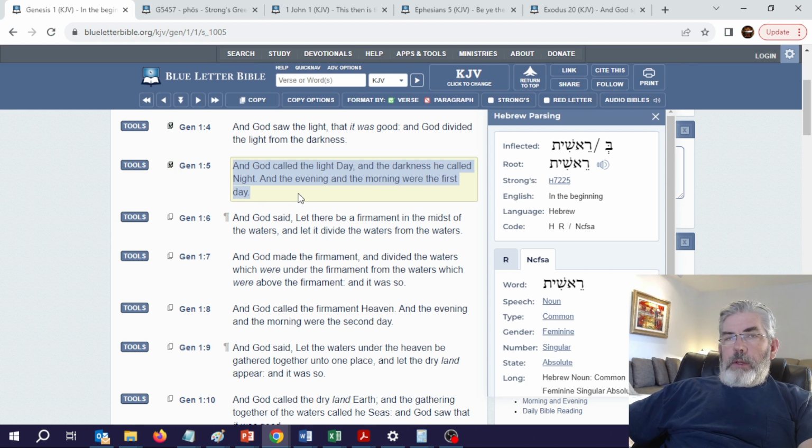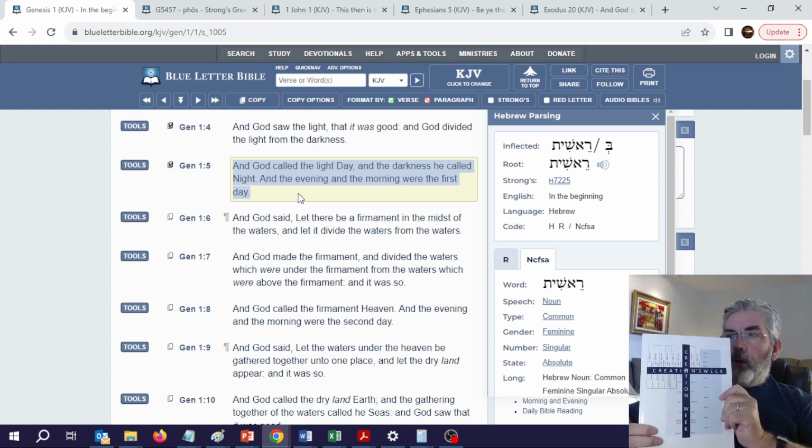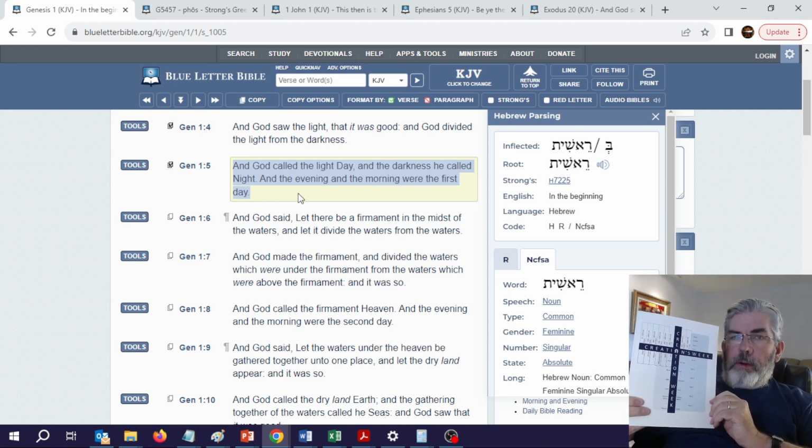And so that gives us a huge clue here that we know that the sun isn't present until day 4. And that is very interesting because it gives a hint or a shadow of something that I cover in the book Creation's Week, a macrocosm of Creation Week.